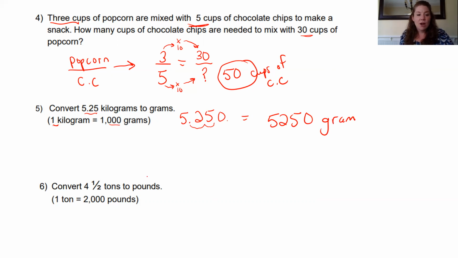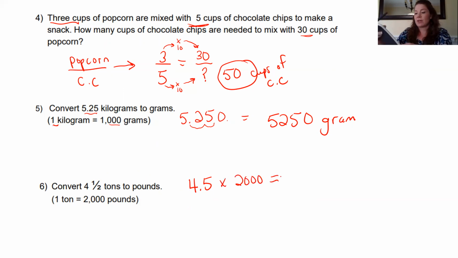All right, number 6, I have the big unit and I'm going to small units, just like here, big unit to small units. That means I am multiplying. So 4 and 1/2 is equal to 4.5. 1/2 is equal to 0.5. So if I have 4.5 tons, I'm going to multiply that by 2,000 pounds.